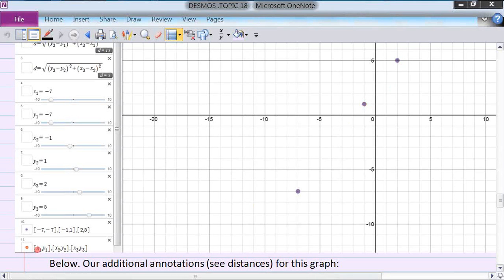Now, I also put this in so you could just put in these, and these are generic. So this is specific, but these are generic. If I vary the values of x1, y1, x2, y2, or whatever I want, automatically this formula would change.